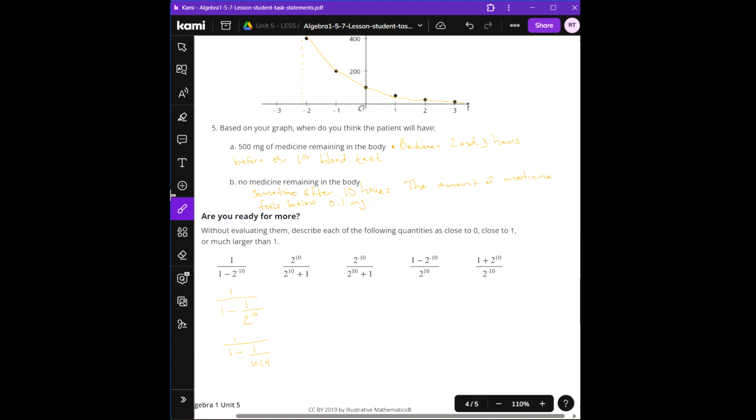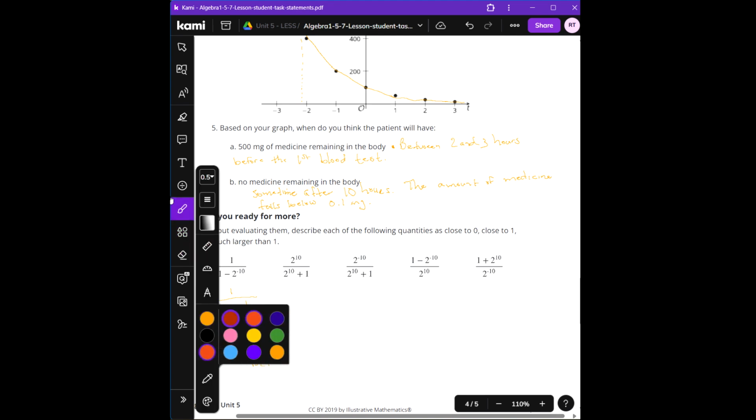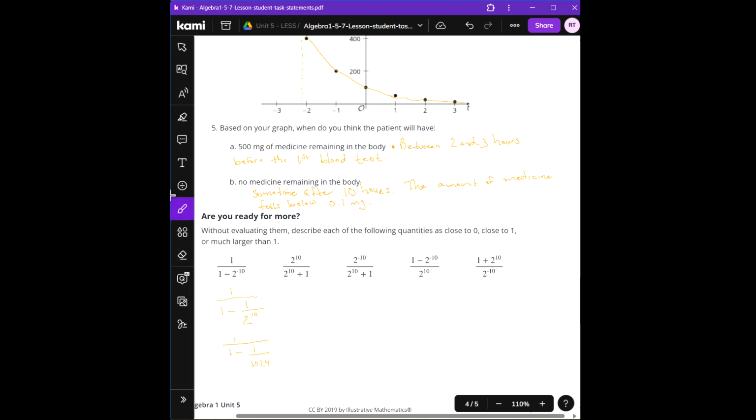Okay, but now we need to do this. I'm going to do it in a different color just so we don't lose track of it. So now I'm going to have 1 divided by 1 minus 1 divided by 1024, which is equal to like 0.12397.